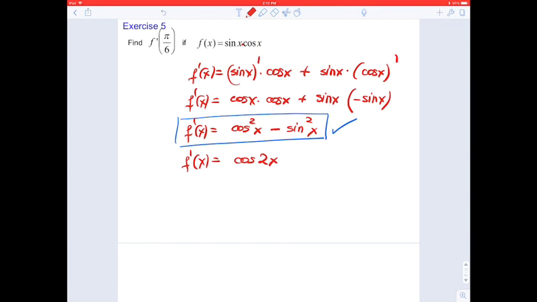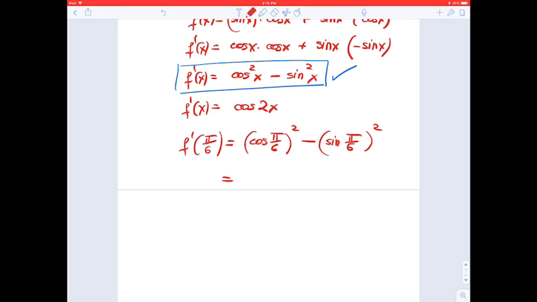But let's use the blue box, and now let's substitute pi over 6. Cosine of pi over 6 squared minus sine at pi over 6 squared.